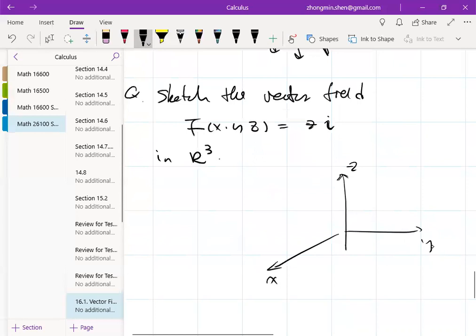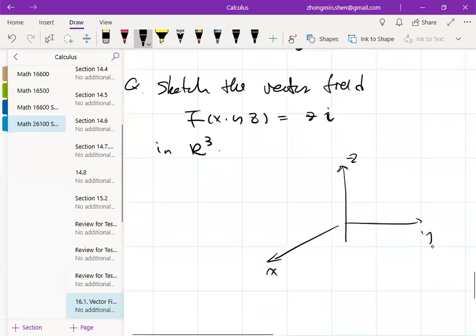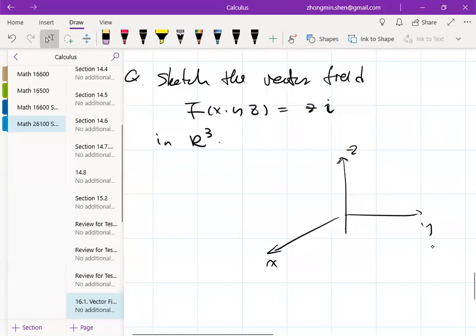But we see that, first of all, those vectors are parallel to the x-axis. So you have to write down a few points. So F is parallel to the x-axis.